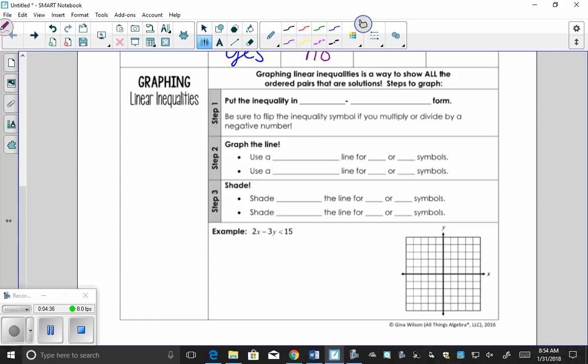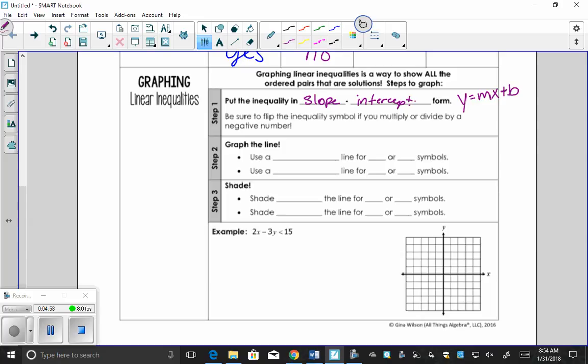First thing you have to do is put the linear inequality in slope-intercept form. What is slope-intercept form? Y equals mx plus b. It's the only formula y'all basically remember. Y equals mx plus b.